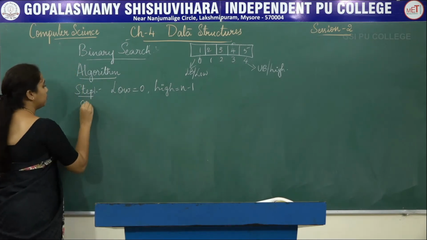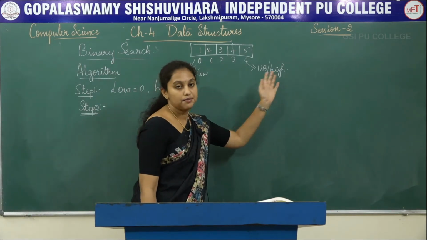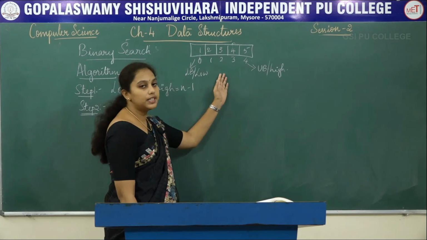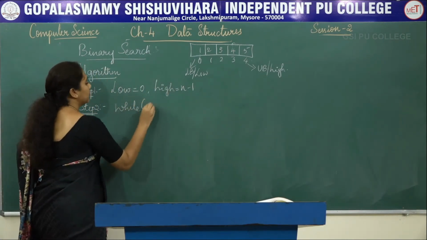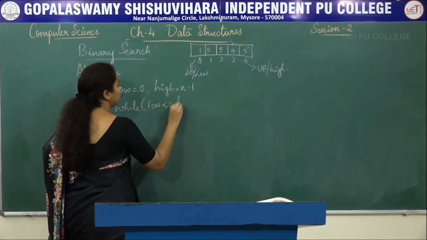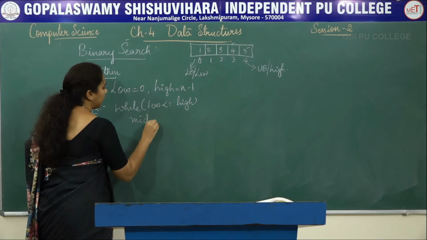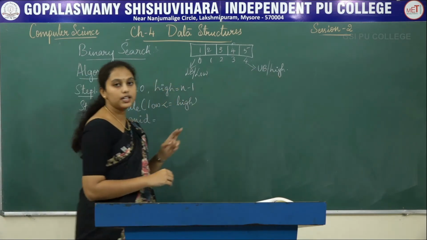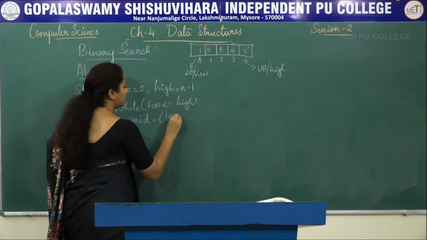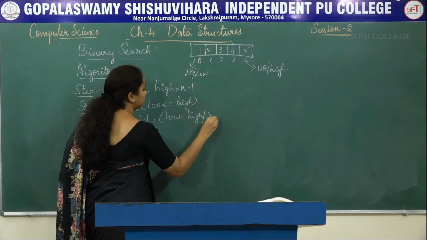Next, what is step 2? While low is less than or equal to high, we have to find the mid element. How to find the mid element? That is low plus high by 2.